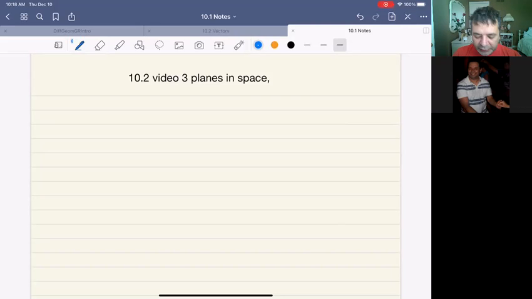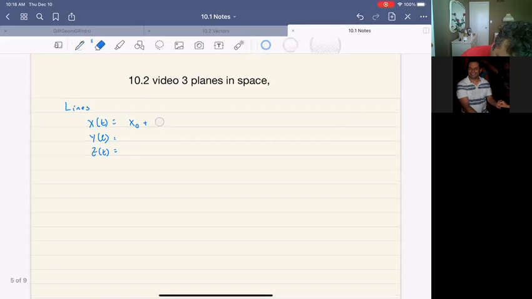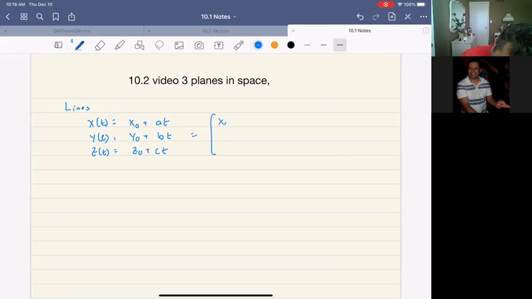In the last video, we talked about lines. Just to compare, a line had some x of t, y of t, z of t: x0 plus at, y0 plus bt, z0 plus ct, which we wrote in this way.